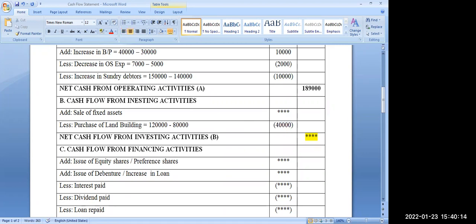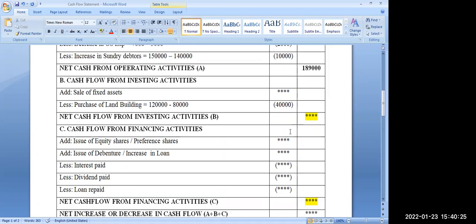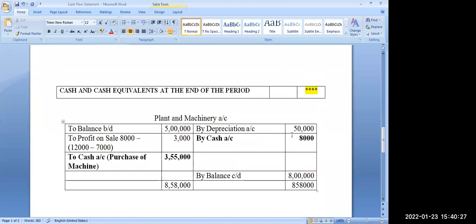Similarly, plant and machinery. We already did the plant and machinery account. There is one inflow and one outflow in terms of plant and machinery. Look at the workings. Selling means inflow, purchase means outflow.